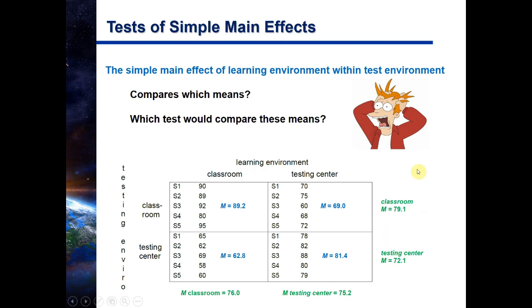Had we had a third level, either of learning environment or testing environment, then it would no longer be a t-test, right? If we were comparing this mean to this mean and another mean over here for that third level, then it would be a one-way repeated ANOVA, because now there's 3 levels. 2 levels is a t-test. 3 or more levels is ANOVA.